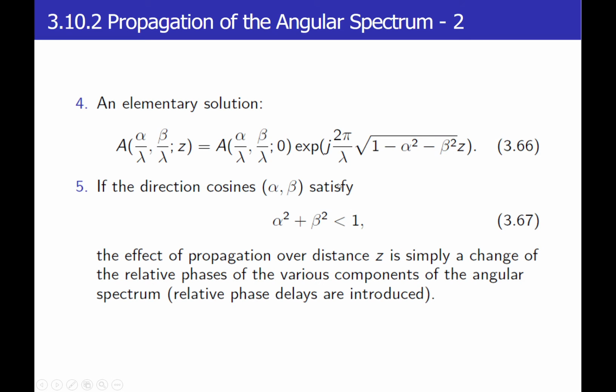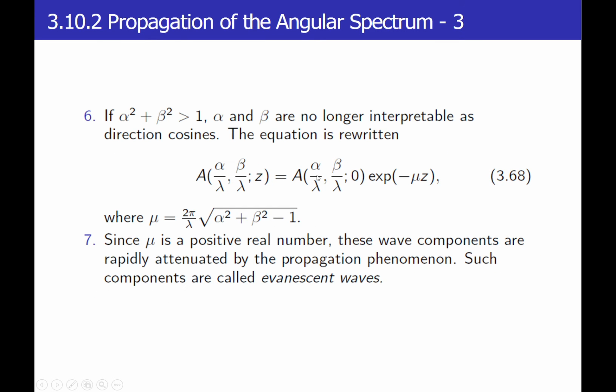And the solution would be, if alpha squared plus beta squared is less than 1, we get this exponential i term. If alpha squared plus beta squared is larger than 1, then we have this exponential decay term.